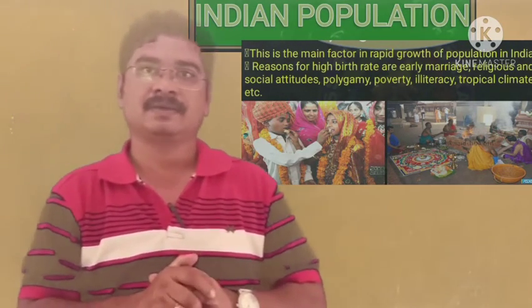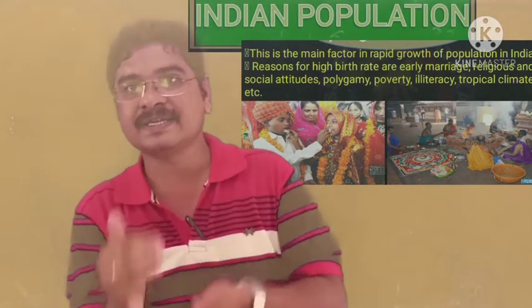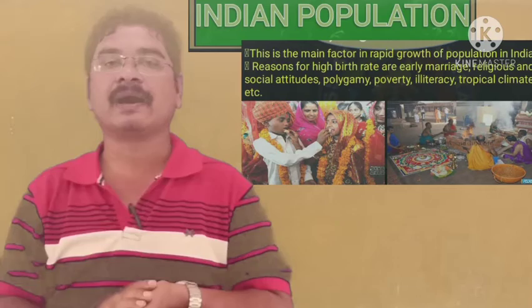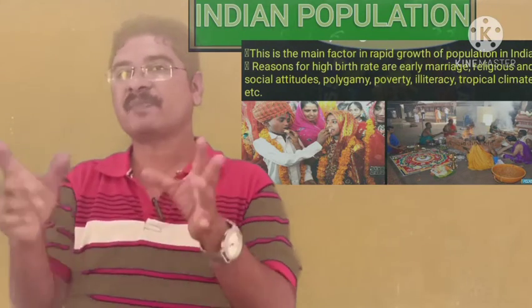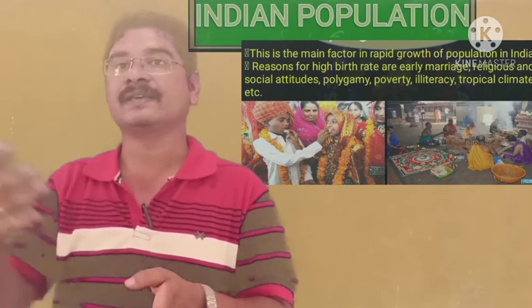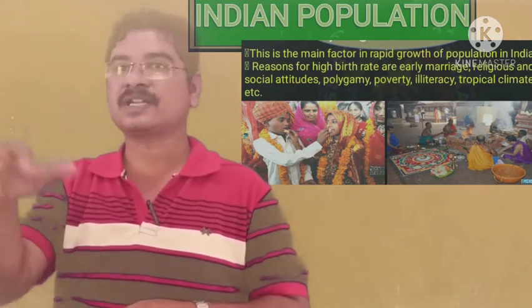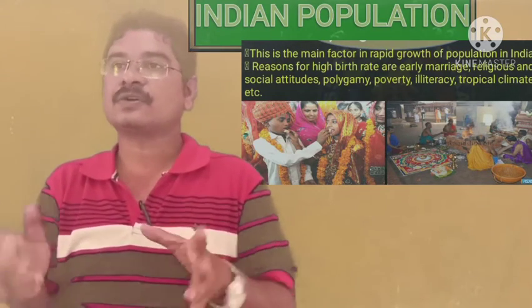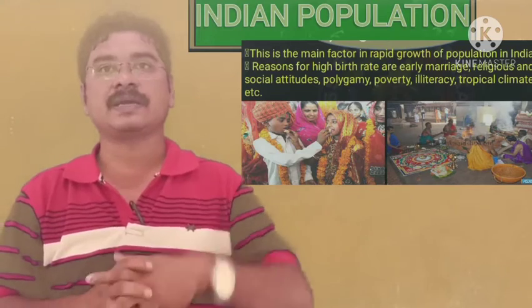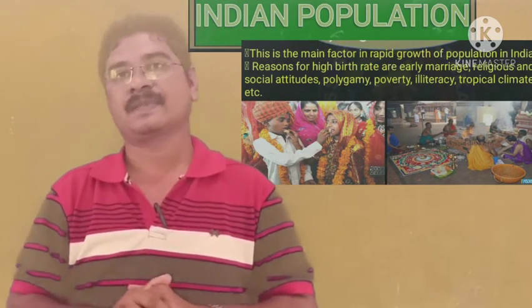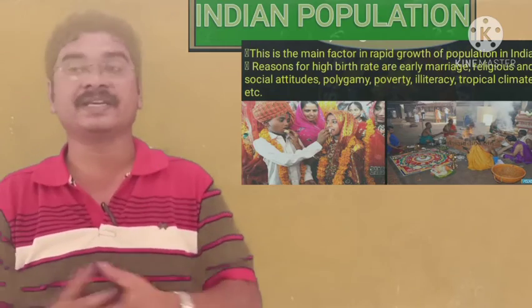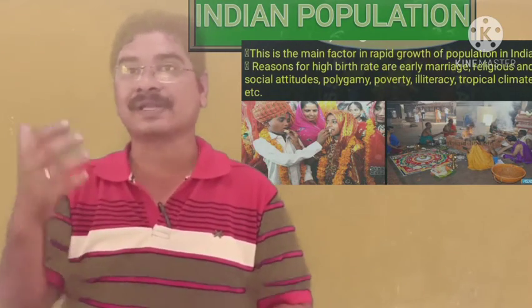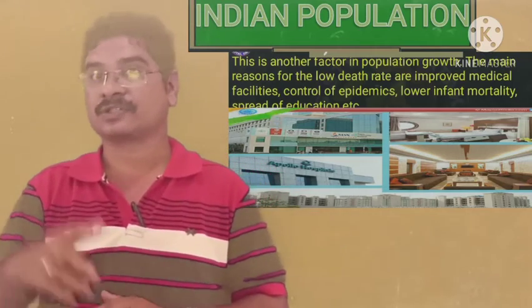Marriage below 18 years is called early marriage. These types of marriages are high, so that's why the birth rate was also high, and also some religious factors, some social attitudes, polygamy, poverty, illiteracy, and tropical climate are also causes of high birth rate. Then the low death rate.